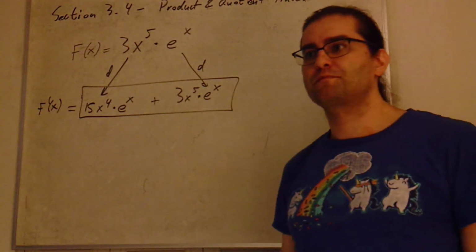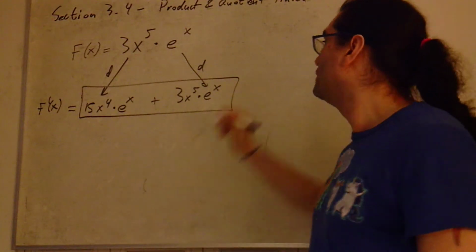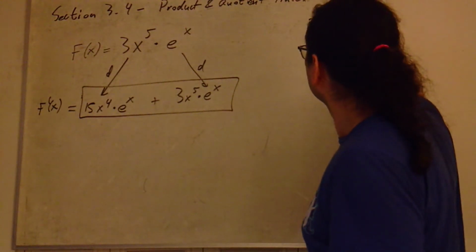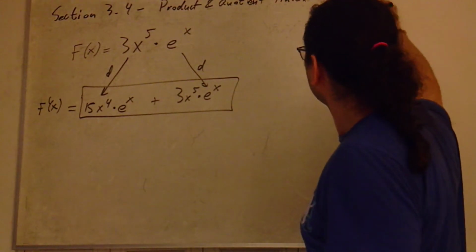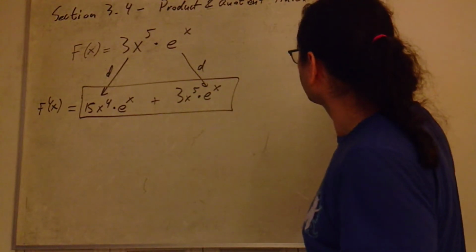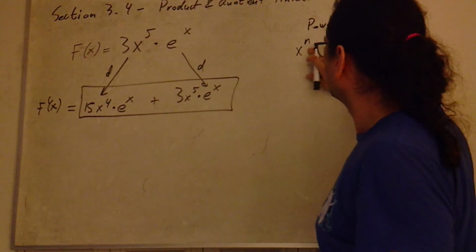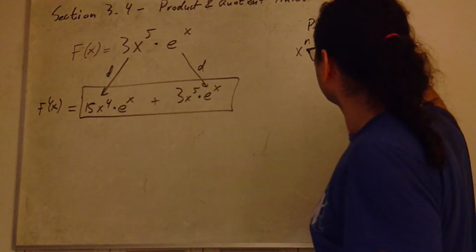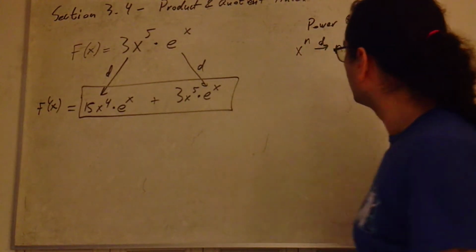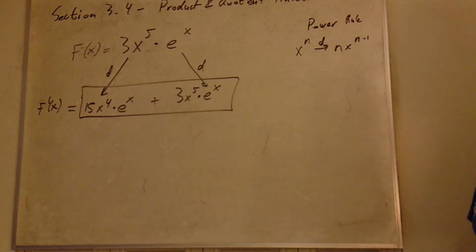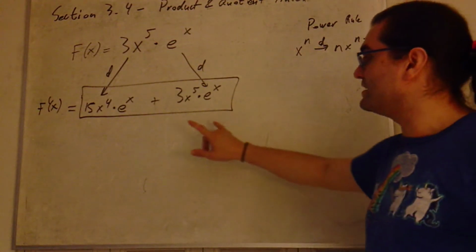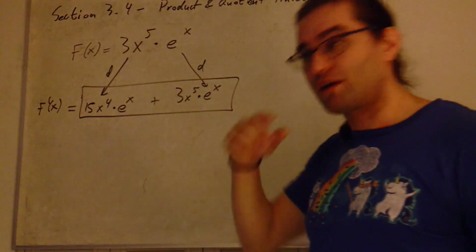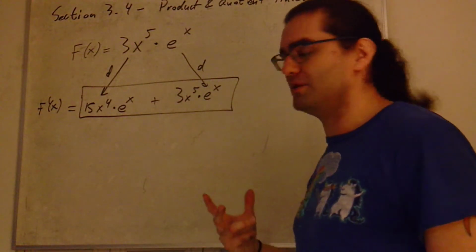The power rule we found can be expressed very nicely with a couple of symbols. This is the product rule, and there are a couple of ways that it gets expressed commonly.